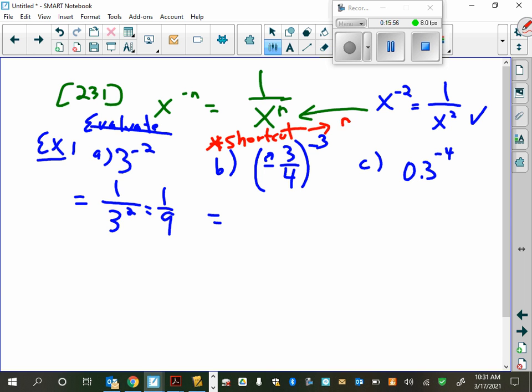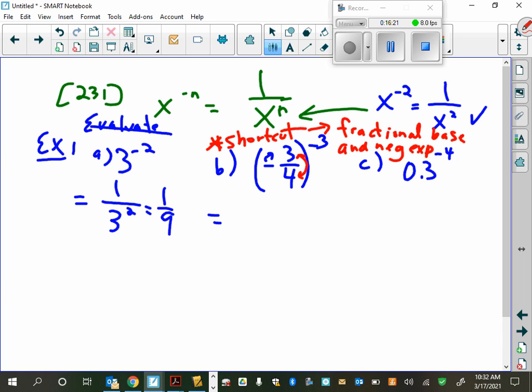But if you have a negative exponent, here's a shortcut. If you have a fractional base and negative exponent, you are allowed to, and it has to do with multiplying by the reciprocal, flip the fraction and get rid of the negative part of the exponent.